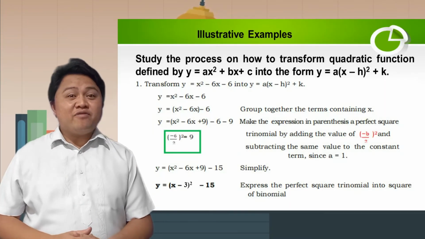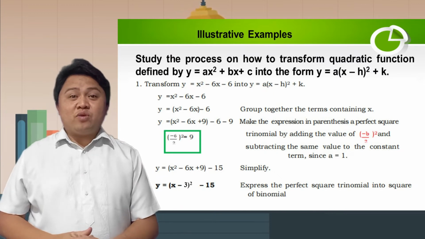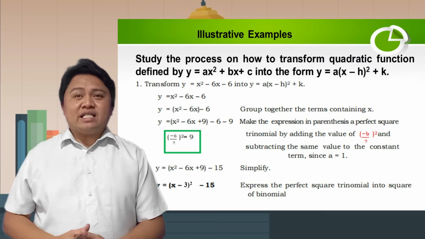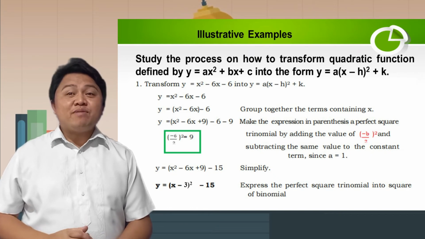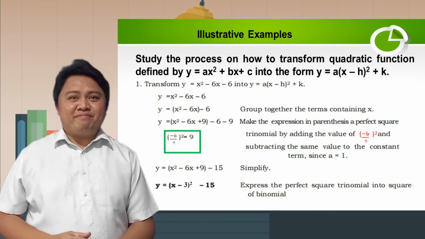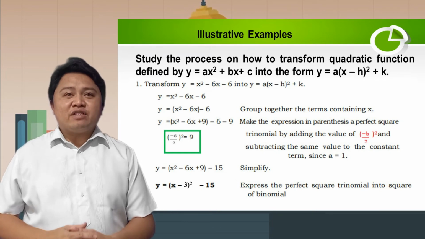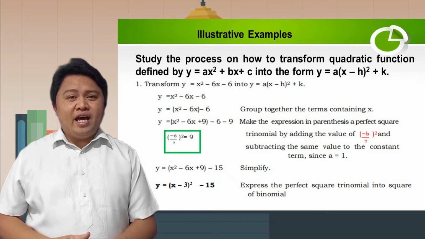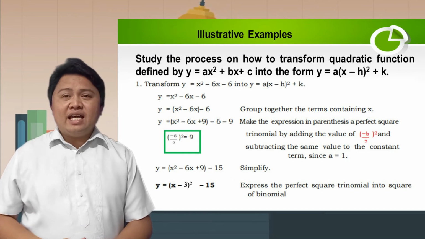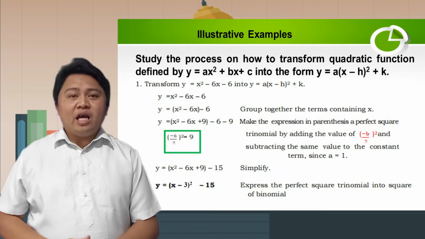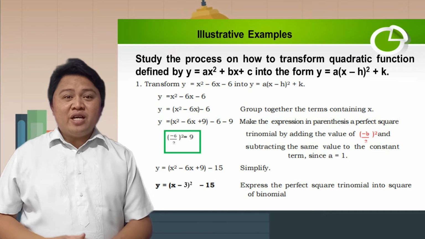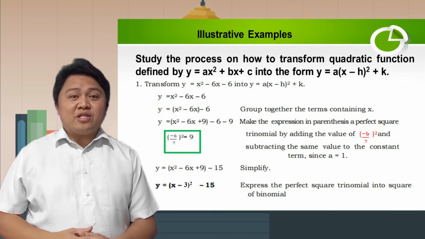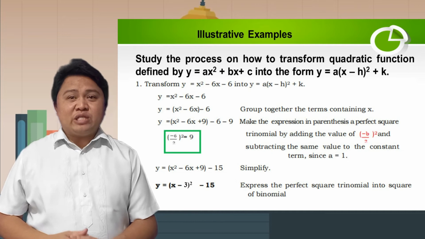And now here are the examples on how to transform a quadratic function defined by y equals ax squared plus bx plus c into the form y equals a quantity x minus h squared plus k. Number 1. Transform y equals x squared minus 6x minus 6 into y equals a quantity x minus h squared plus k. First, write the given y equals x squared minus 6x minus 6.